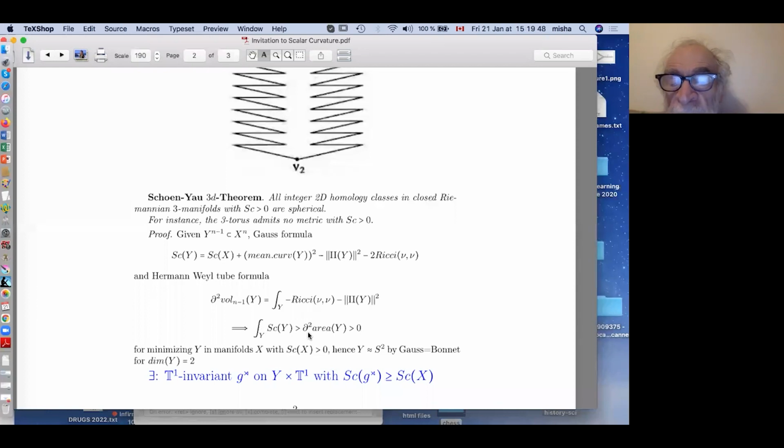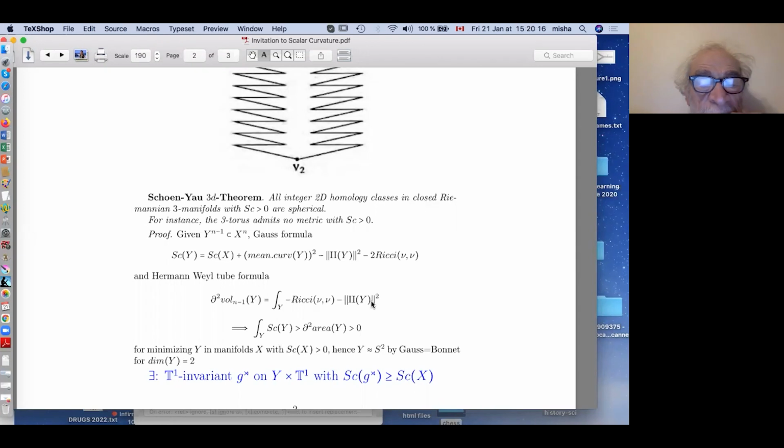So when the second derivative is positive, when you move it, area increases, and so you have this inequality. The integral of scalar curvature is positive. Though scalar curvature looks much smaller than that of this manifold, its integral actually becomes bigger, because this term now appears with a different sign.